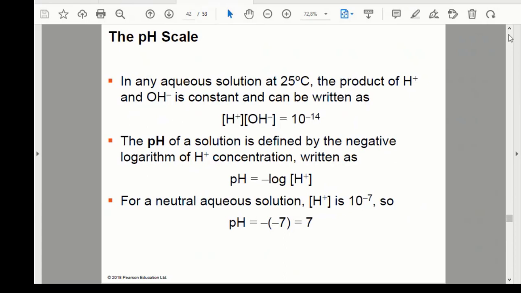For example, at 25 degrees temperature the product of the hydrogen ion and hydroxide ion concentrations is constant. How is it written, how is it formularized as a symbol, and how is the solution defined, whether it's negative or positive, in the logarithm of that hydrogen concentration, and how is the symbol written?